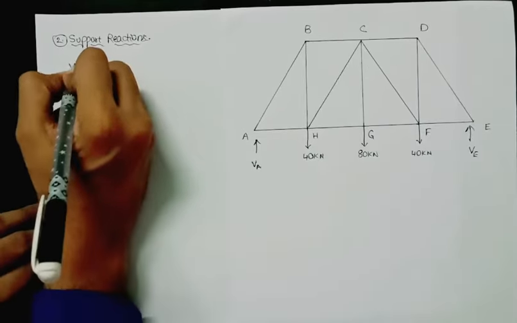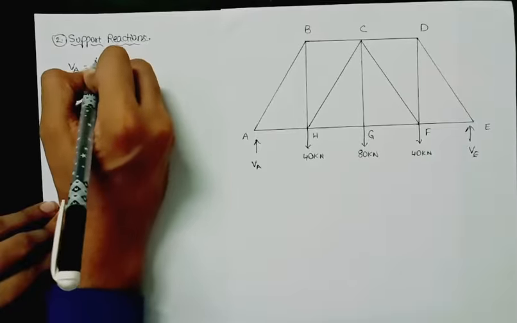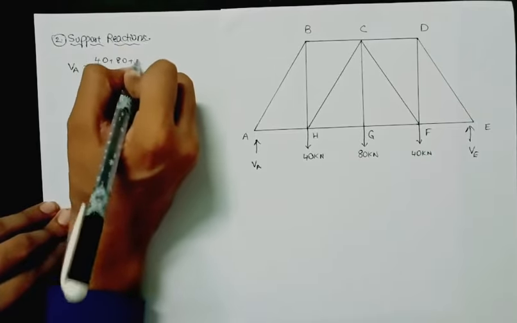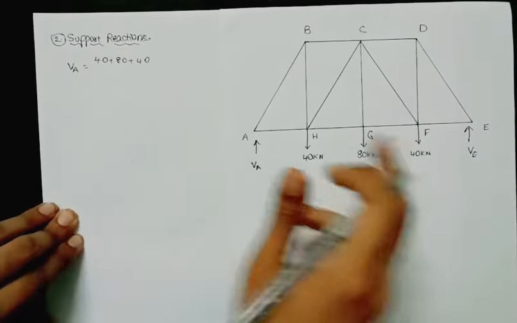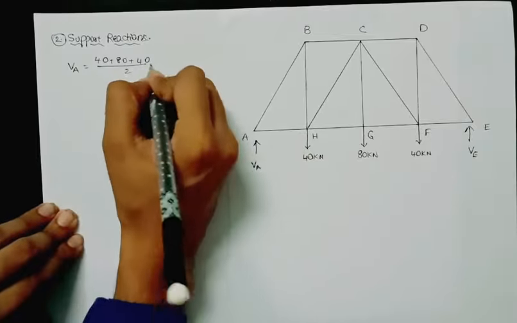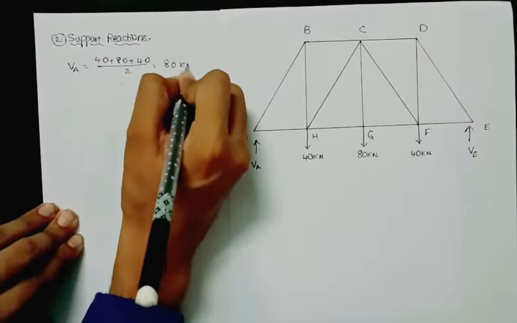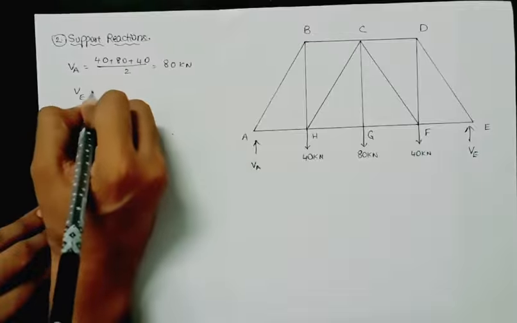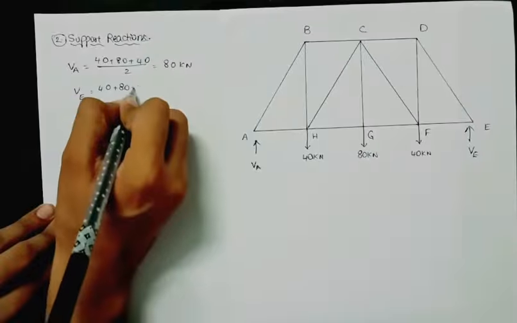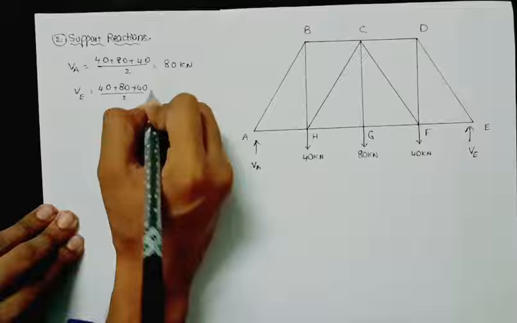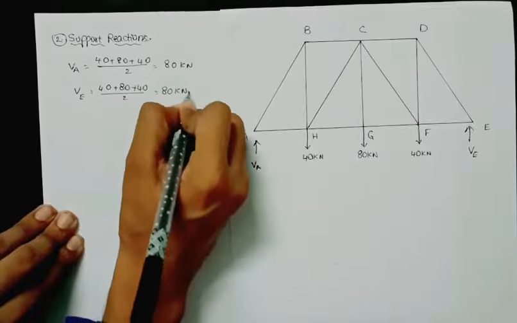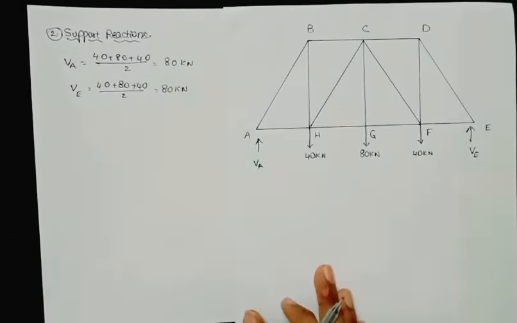Therefore VA equals 40 plus 80 plus 40 plus 80 plus 40 divided by 2, which comes to 80 kilonewton. Similarly VE equals 40 plus 80 plus 40 whole divided by 2. It is 80 kilonewton, because the truss is symmetrical.